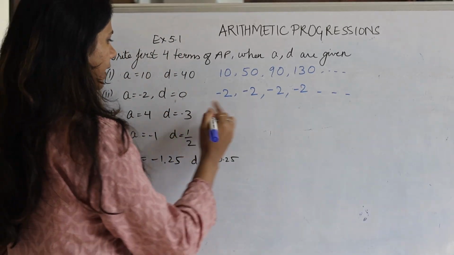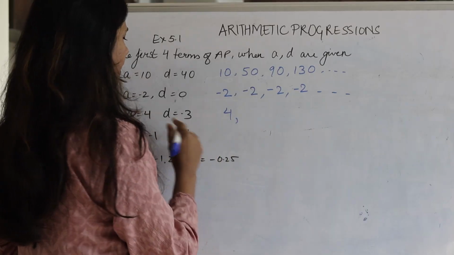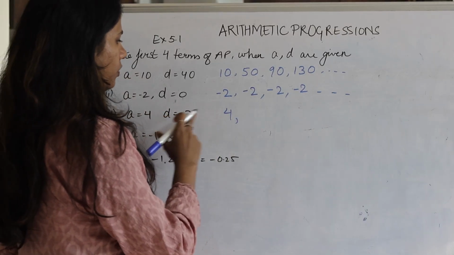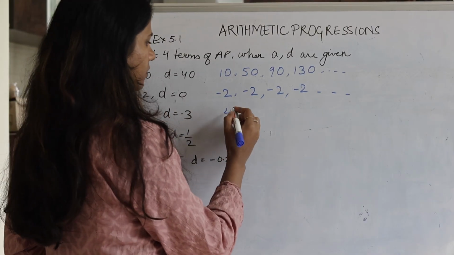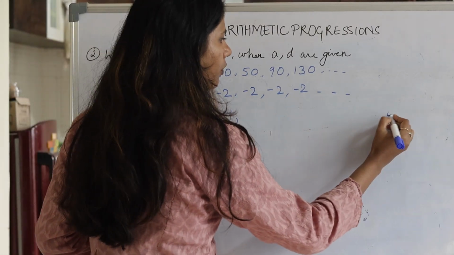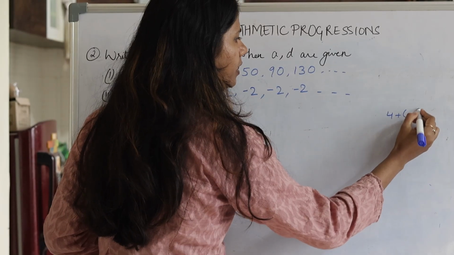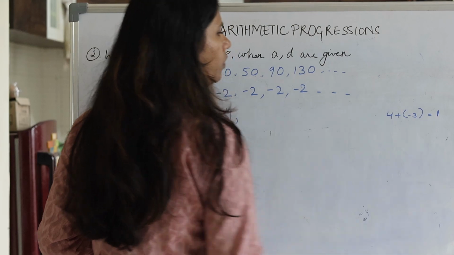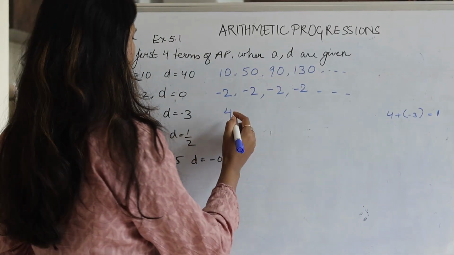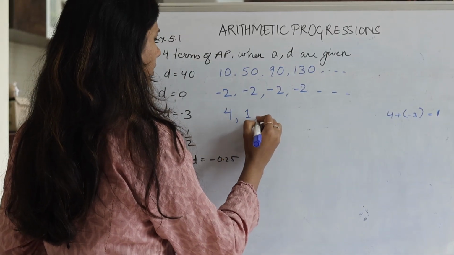Next one. A is 4 and D is minus 3. So 4 plus minus 3 equal to 1. So 4, 1.